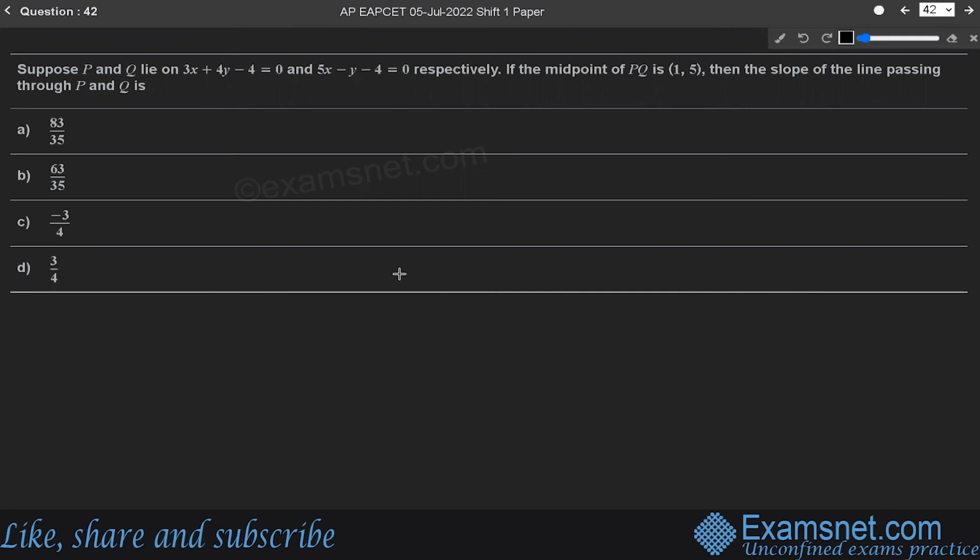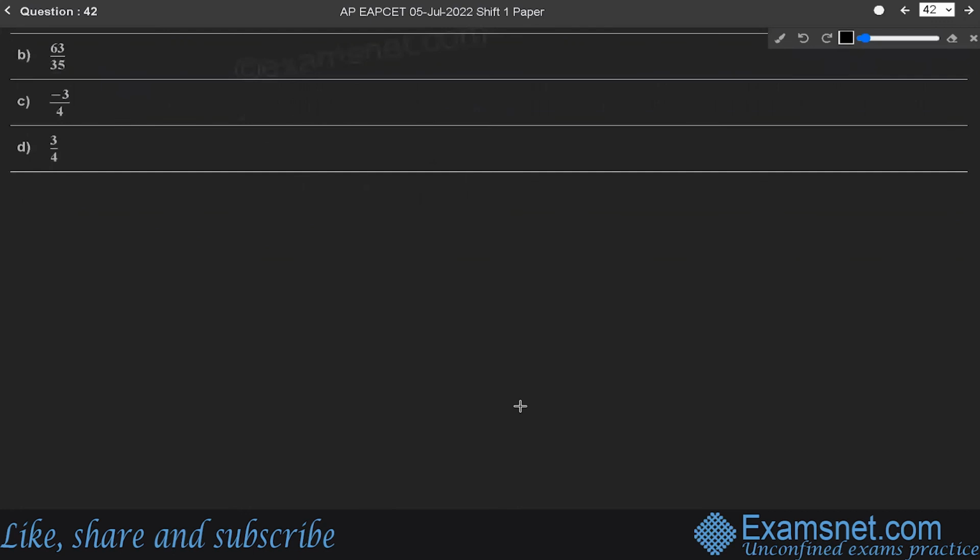Let us first make the required figure for this question. Let this be a point. Let this be P and let this be Q. And let this be the midpoint of PQ, which is given (1, 5).